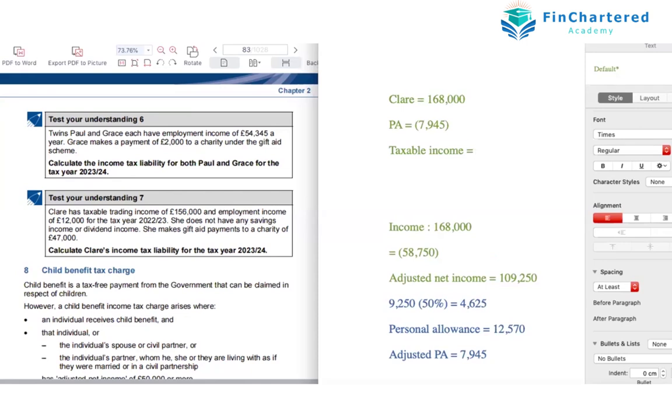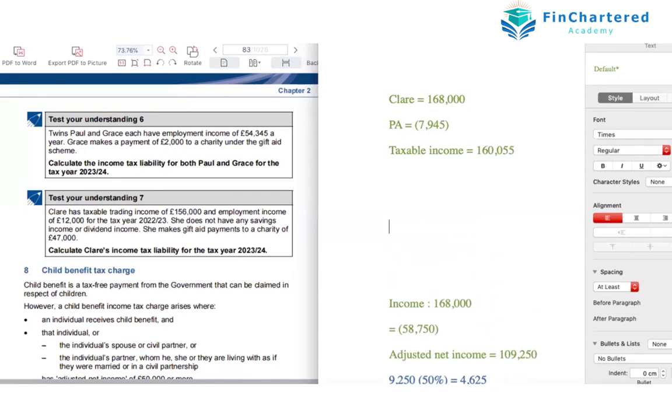160,055. Is this correct? Now, out of this, again, guys, normally speaking, only 37,700 will be taxed at 20%. But because she's made a charity, you don't need to calculate, we've already calculated.